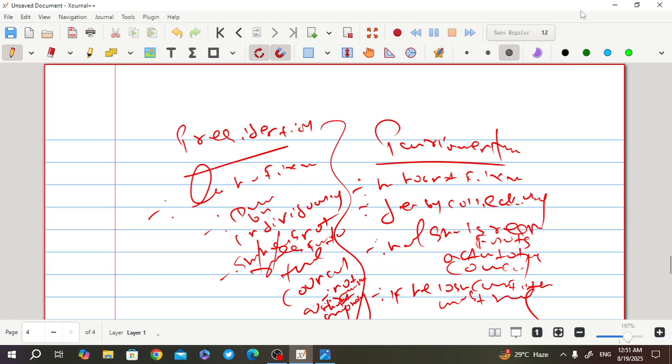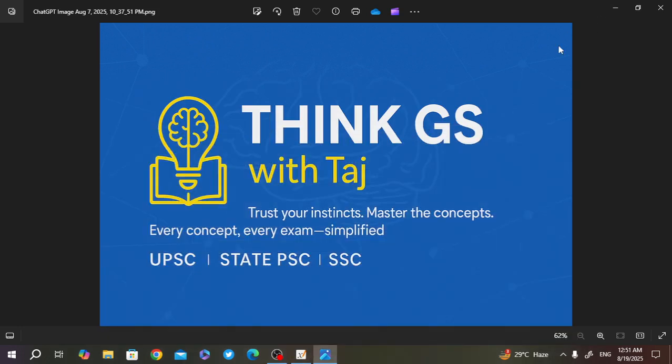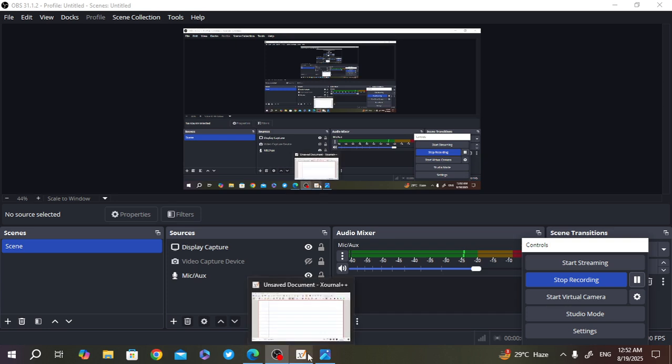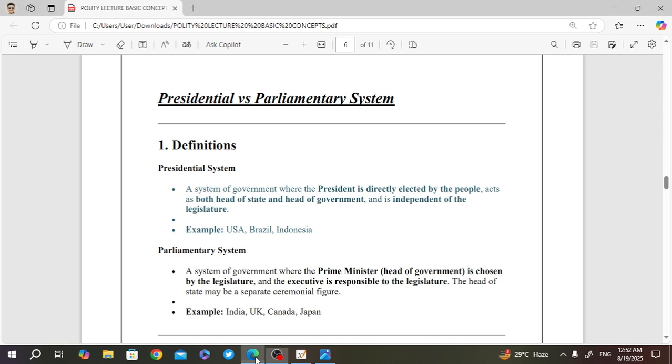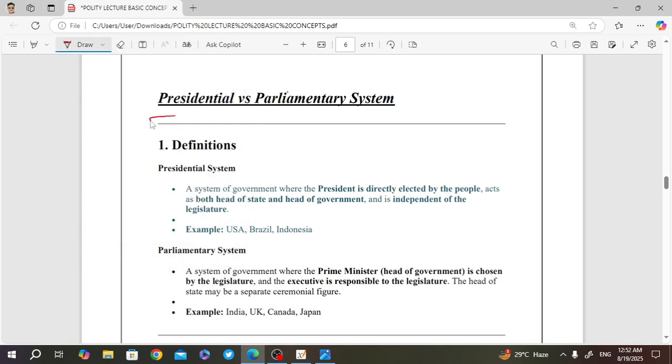Now I am sharing the PDF with you. Here it is, the presidential system and the parliamentary system.